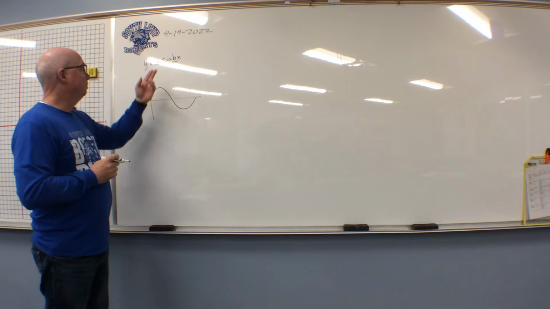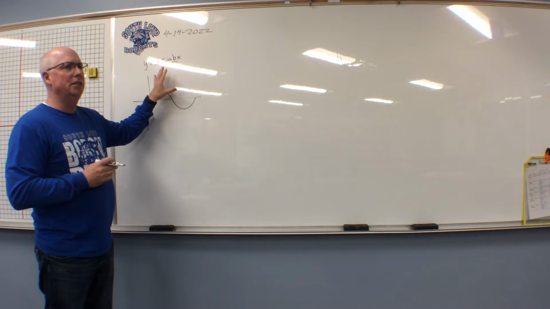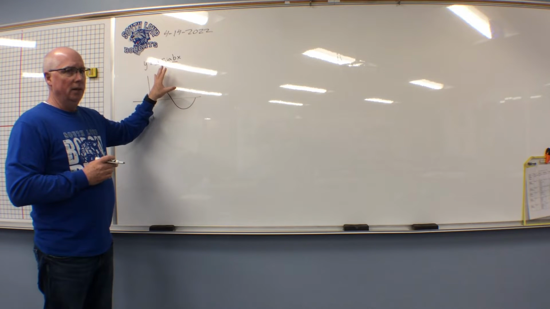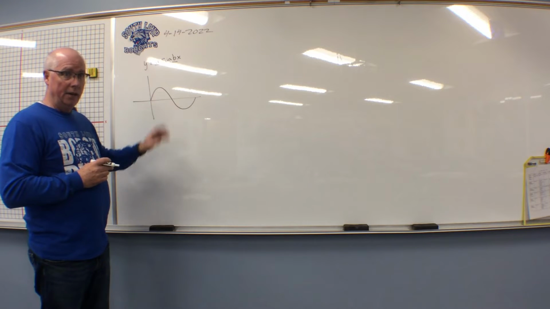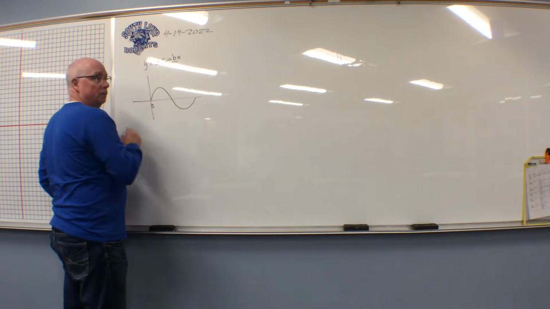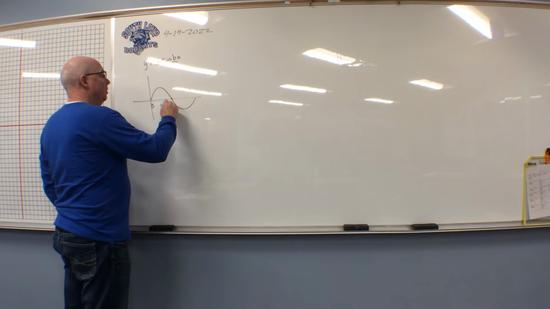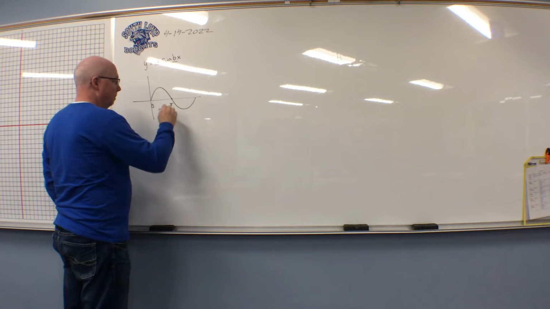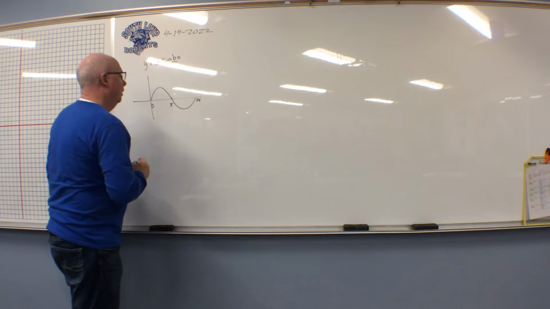Now, everything we're going to do is in radians because it's easier to graph in radians. If this is a normal sine graph, this is 0, this is pi over 2, excuse me, this is pi, and this is 2 pi.